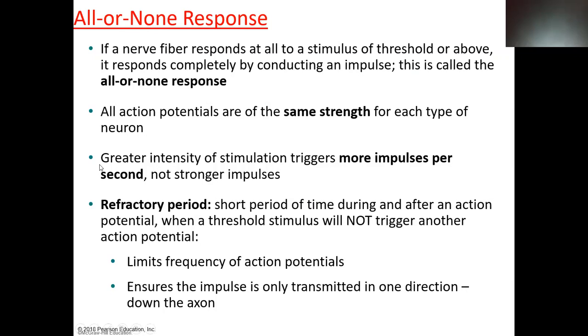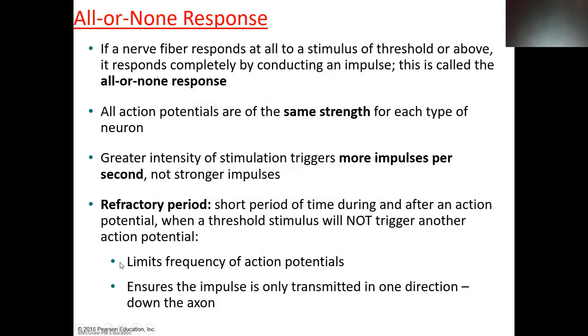Okay? We have these things called refractory periods. Now this is a small period of time after an action potential occurs where it doesn't matter what the stimulus is, even if it's strong, it's not going to cause that neuron to go through another action potential again. And this is important for two reasons. Number one is because this limits the frequency of action potentials.